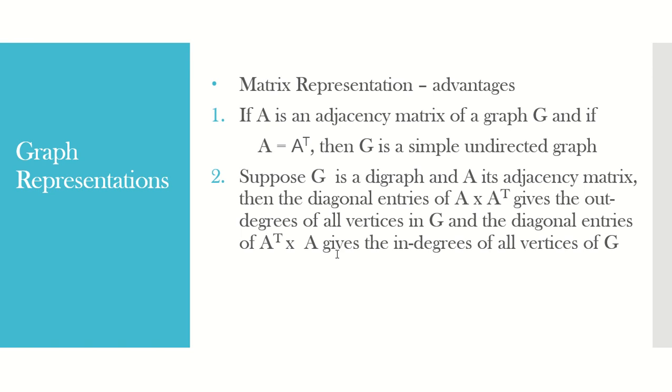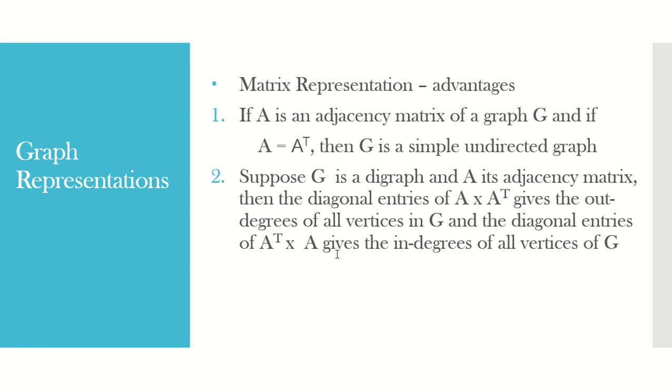graph. So if you are given the adjacency matrix of a particular graph G and you are asked to find the type of the graph, what you have to do is take the transpose of the given matrix and compare it with the original matrix.